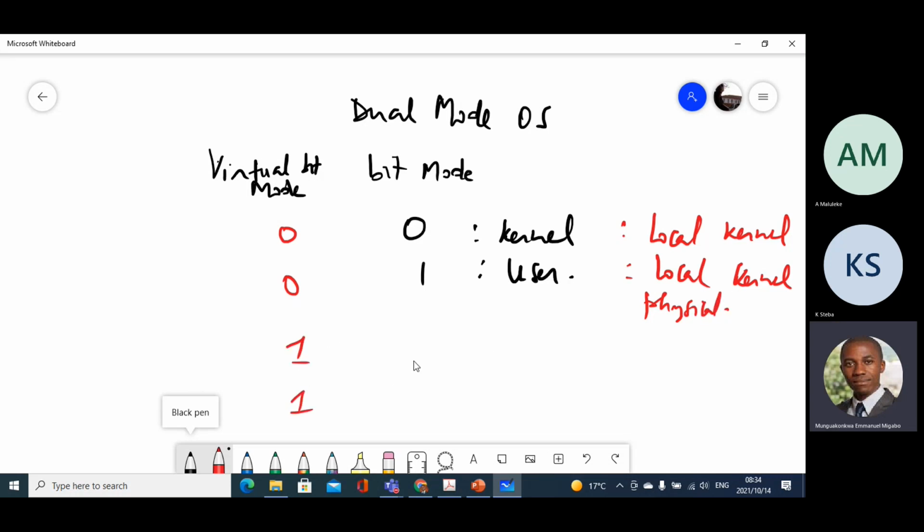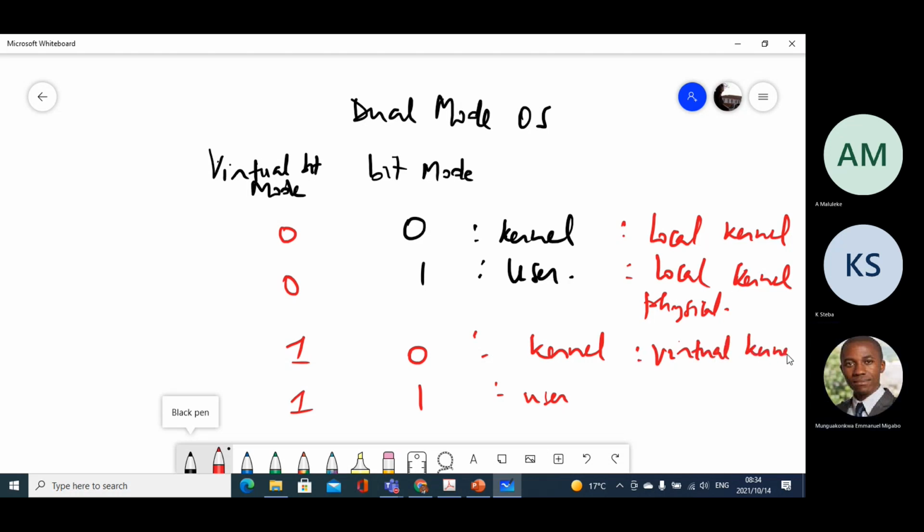If this changes to 1, you could be still in kernel or user, but for the virtual machine. So this will be virtual kernel or virtual user. Is that okay? Okay, I think that's clear now.